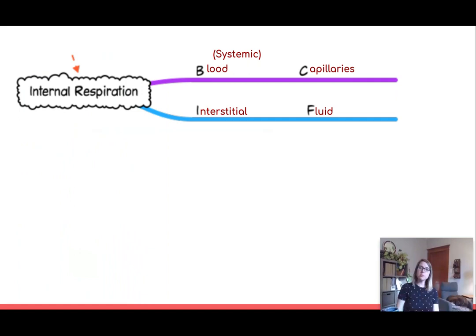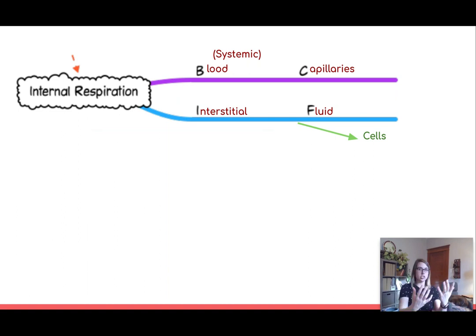So the oxygen moves into the interstitial fluid. We often like to say it moves into the cells, but before it goes into the cells, it goes into the space surrounding your cells, and that's your interstitial fluid. From the interstitial fluid, it can move into my body cells.